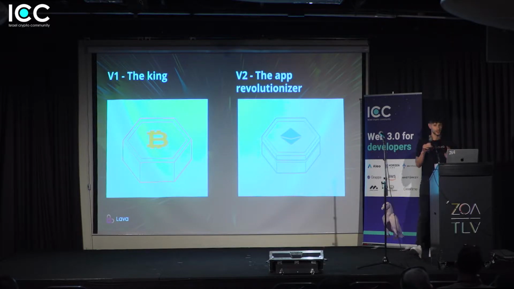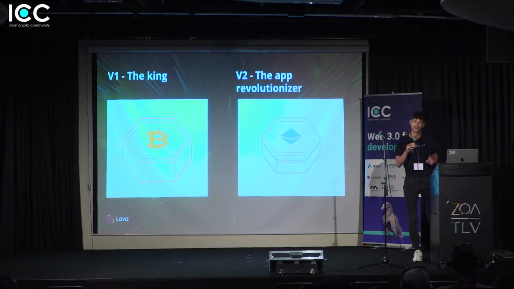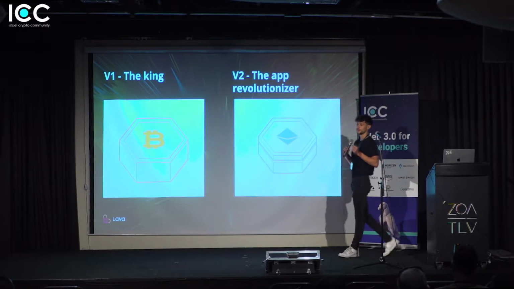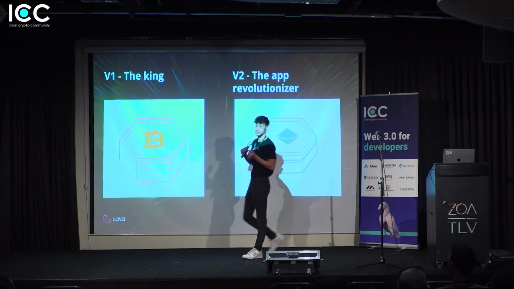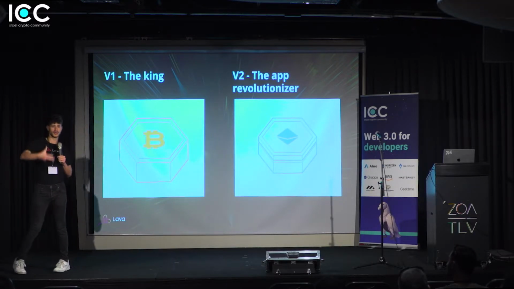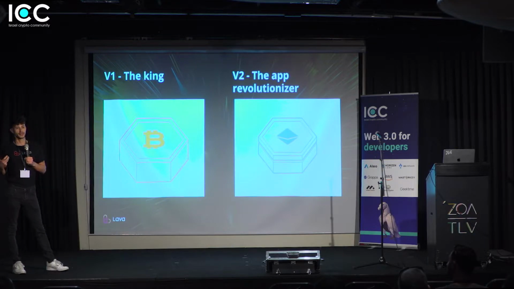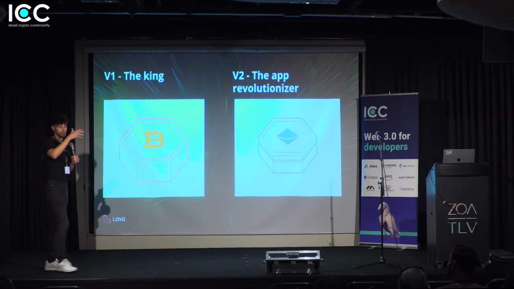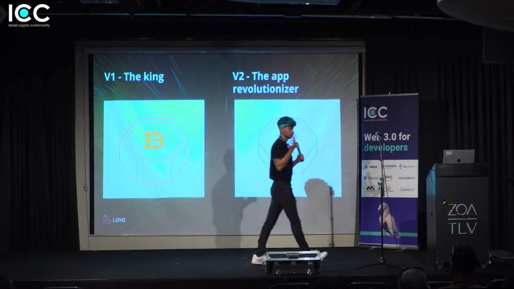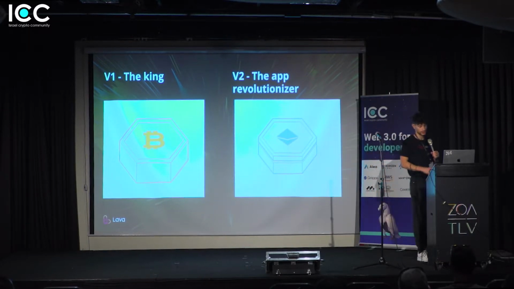Now that's not entirely correct, it has a scripting language, but I'm guessing none of you have developed anything for Bitcoin. For Bitcoin, if you want to do something on the application layer, you'll probably fork the entire stack and have a replica of the entire stack together. That's like Dogecoin or other infamous blockchains.